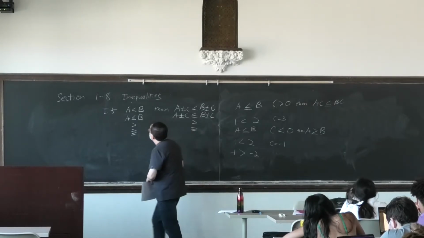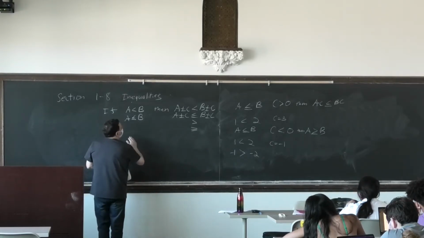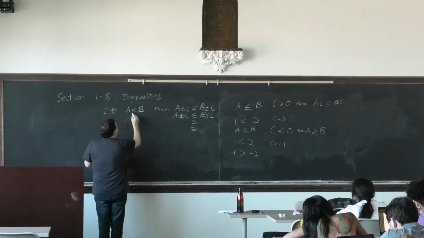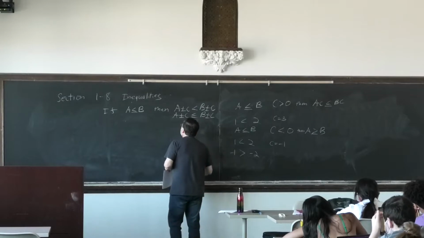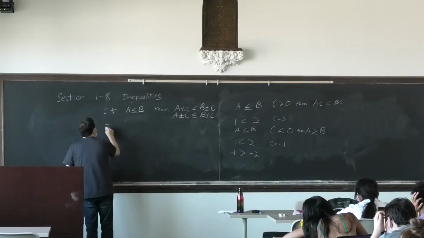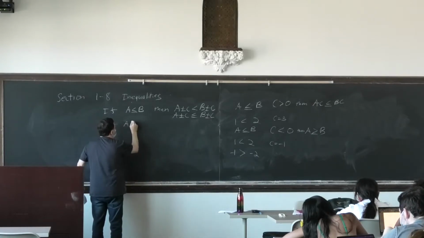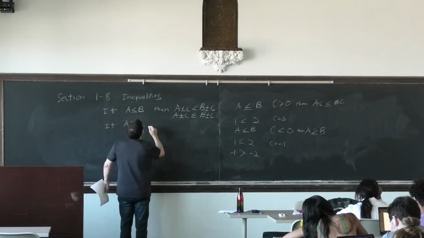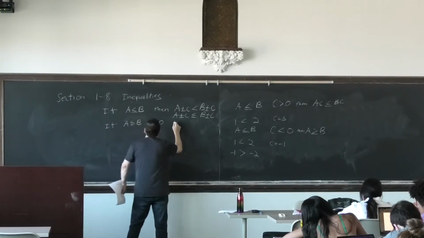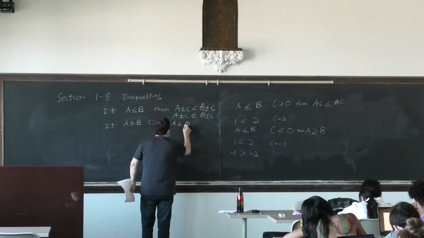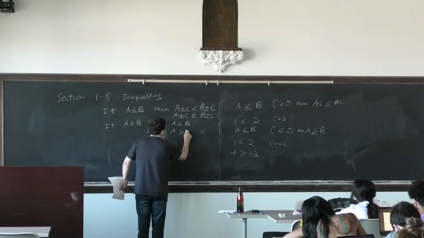So maybe I should make a list here and try and consolidate. You just have to realize that equal is optional. C less than 0, A greater than B.